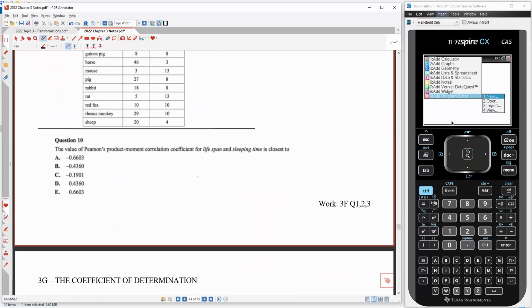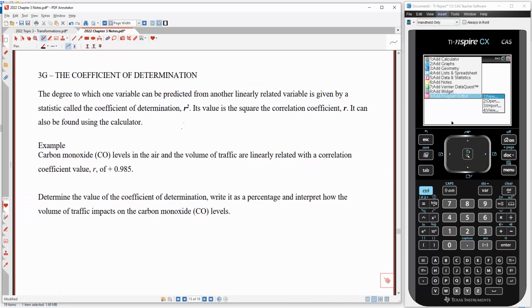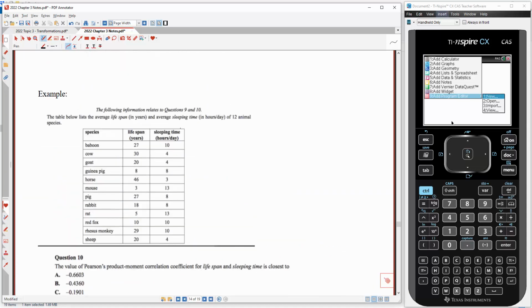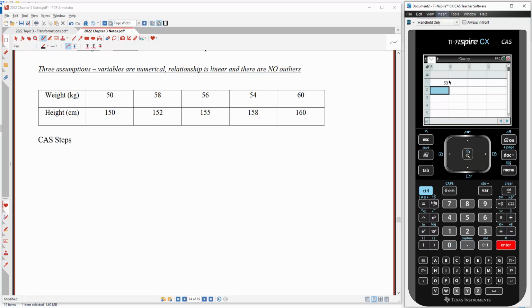Alrighty, so calculating R. So this is the coefficient of determination. I'll just go back and we'll quickly do these again. So I'm going to go add lists and spreadsheets. So type that in. For the weights and the heights are the following.